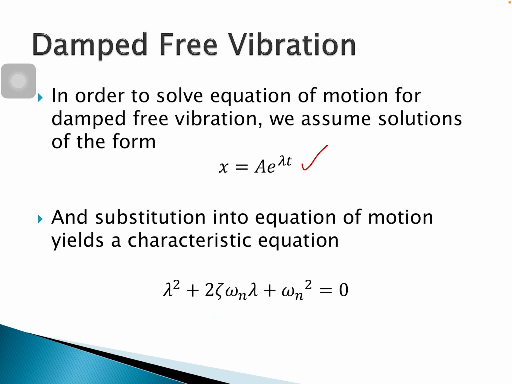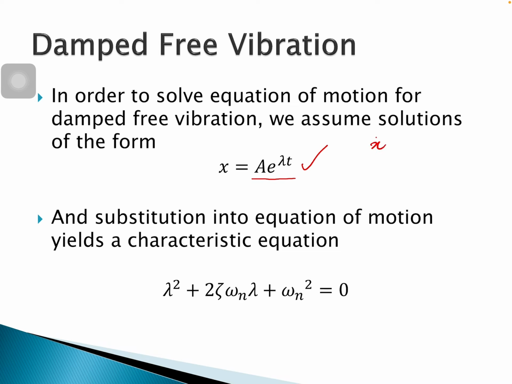So this is the solution that we can assume. How we get this equation is based on a mathematical solution. You have learned this in maths 2, so I don't have to explain it right here.